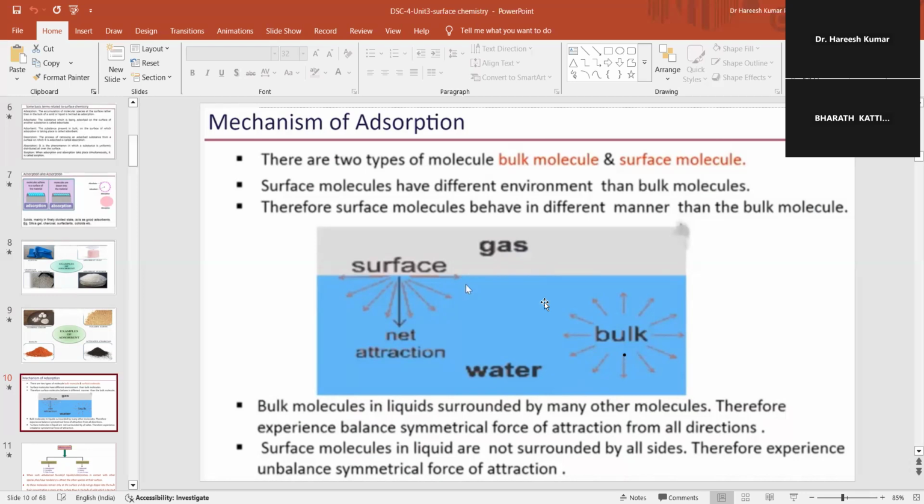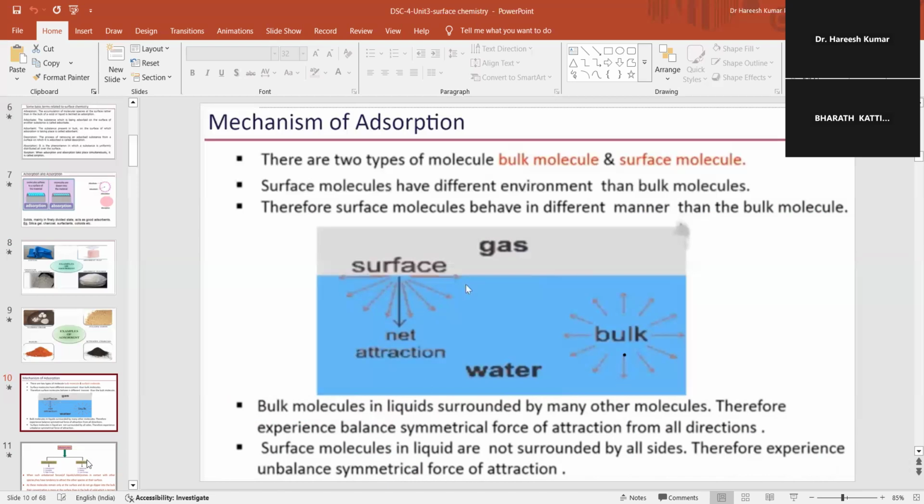When we are taking a water and gas system, the bulk molecule is surrounded by a symmetrical force of attraction, whereas the surface molecule has a different atmosphere, with an imbalanced force of attraction. So this makes the difference in mechanism compared to the bulk molecule.